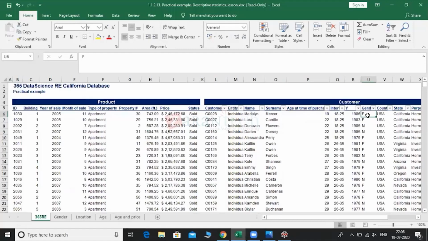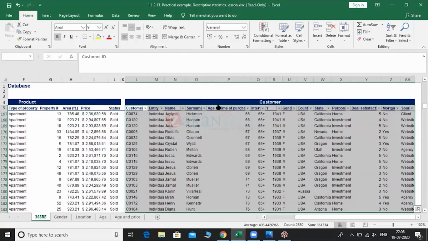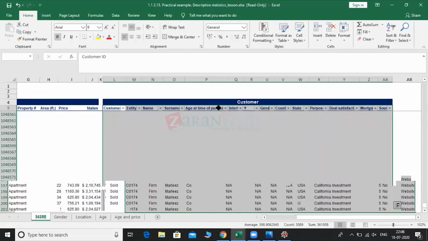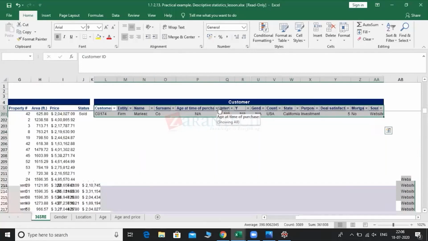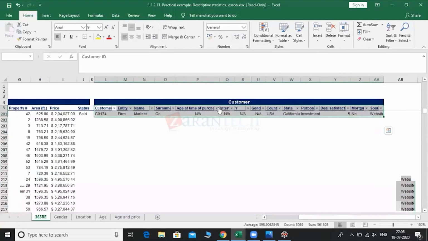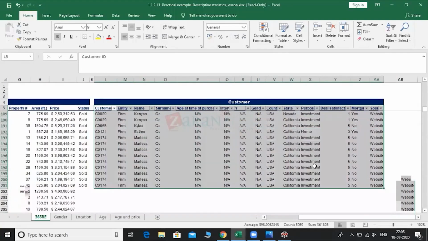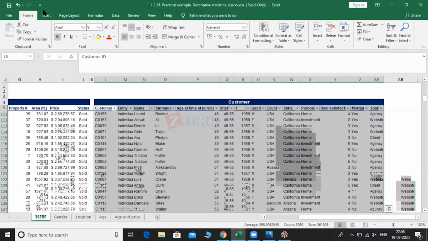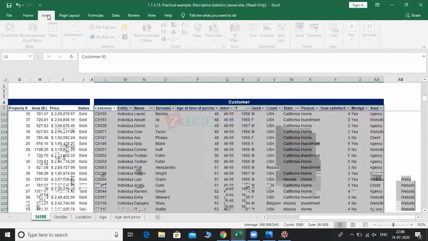So if we do a simple frequency distribution of this, let's say I'll take only this part. Okay. And I put a simple pivot table around this.